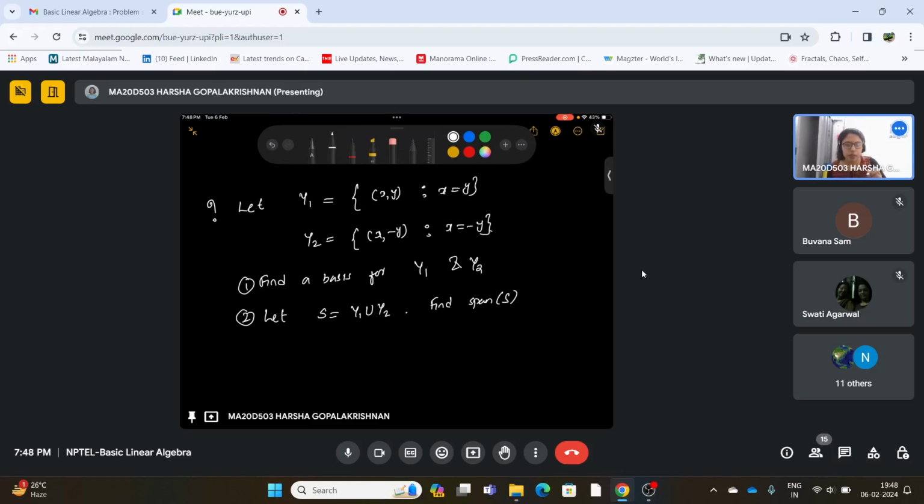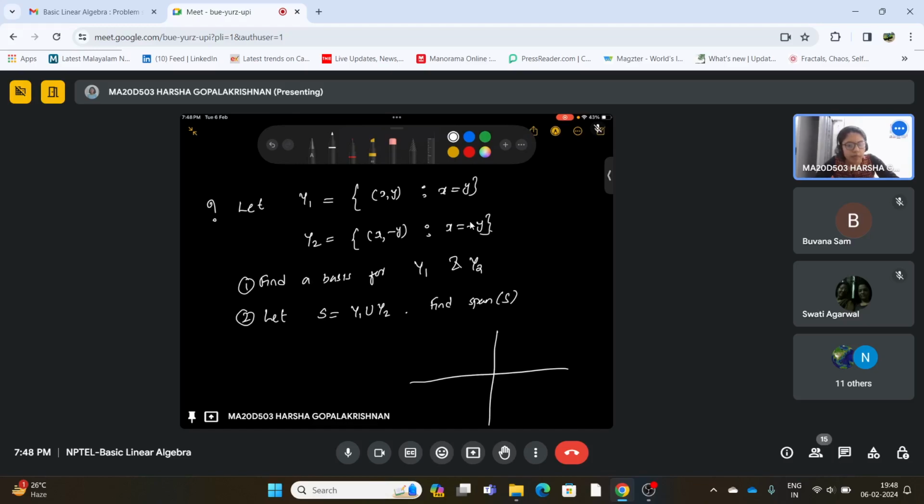So we have given two sets. Before going to this, let me explain what it actually says geometrically, then maybe it will be easy to understand. What is the first set Y1? Y1 is the set of all (x, y) such that x equals y. Geometrically, what can you say about that set?